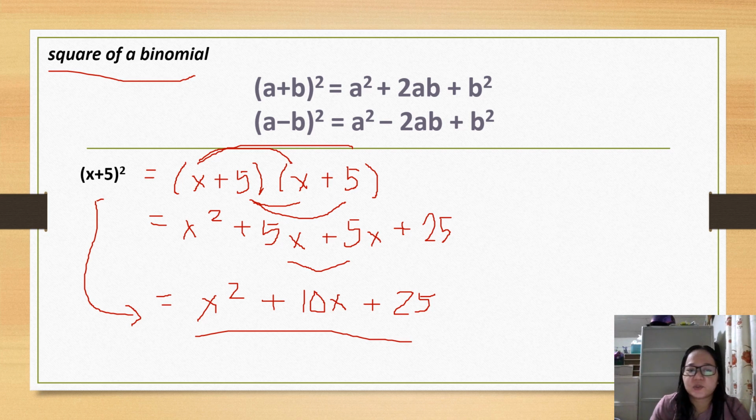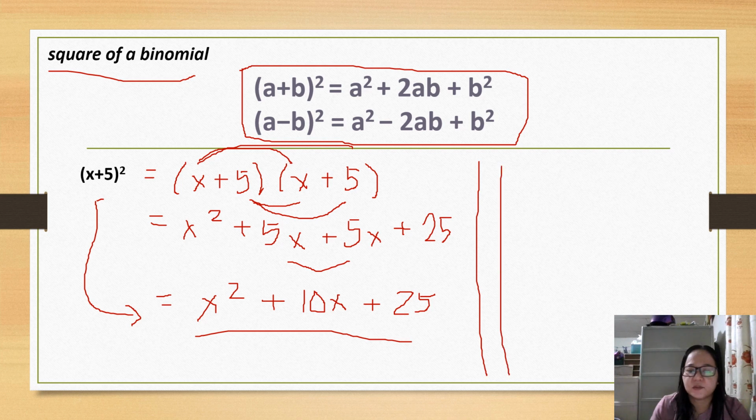But we have another choice. The shorter way of squaring a binomial is by following this pattern. As you can see, if you have quantity a plus b raised to the second power, the product is a squared plus 2ab plus b squared.